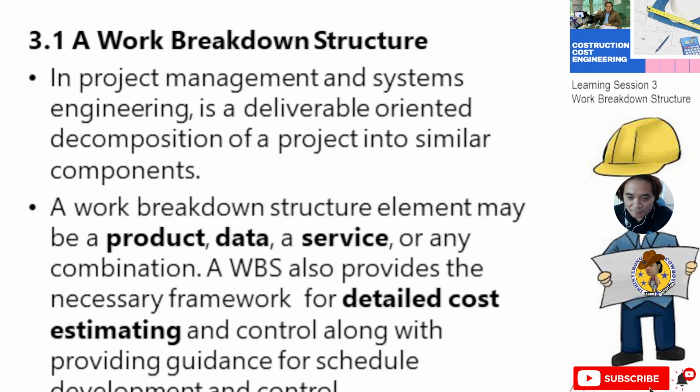A work breakdown structure element may be a product, data, a service, or any combination. The WBS also provides the necessary framework for detailed cost estimating and control, along with providing guidance for schedule development and control.